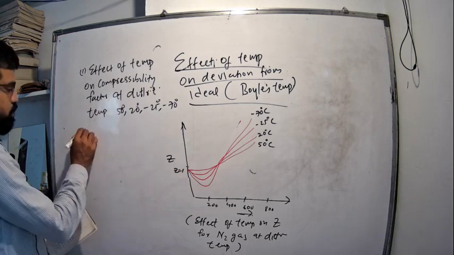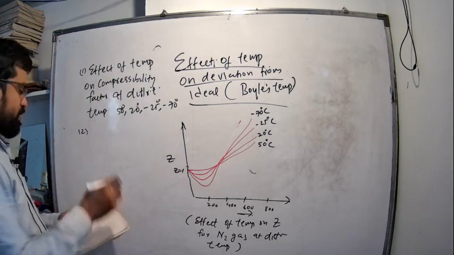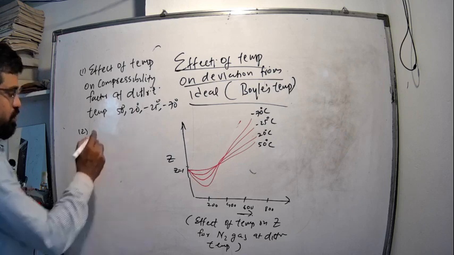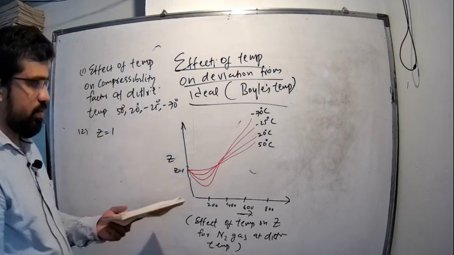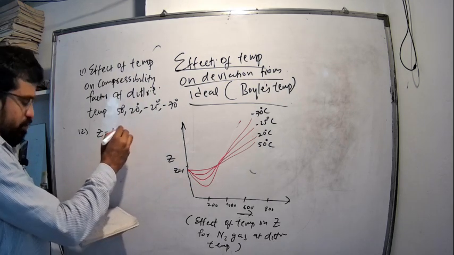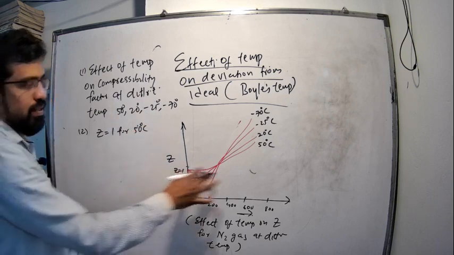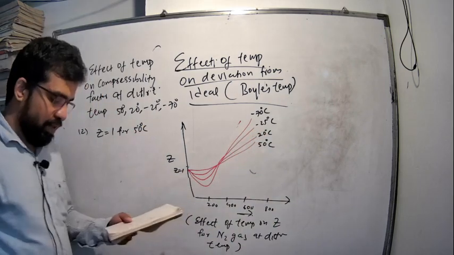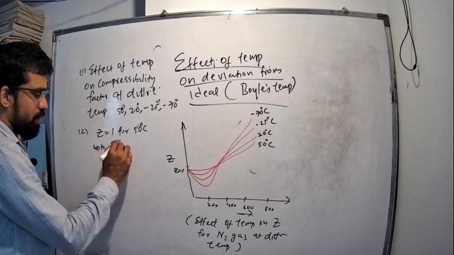From the graph it is clear that the compressibility factor is unity for 50 degree up to 200 atm.